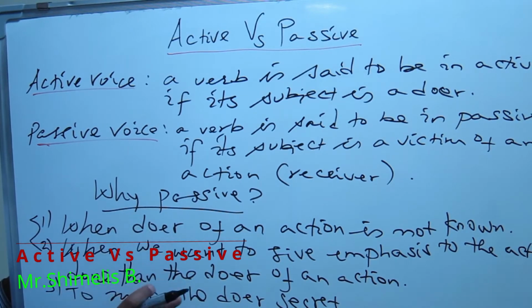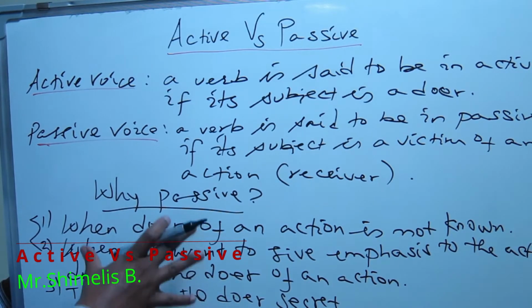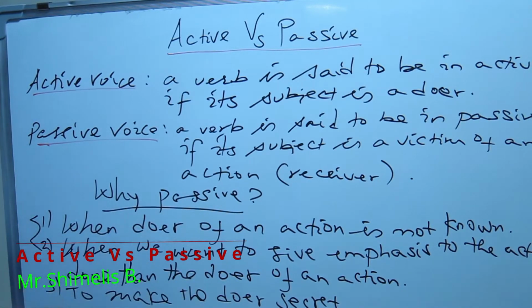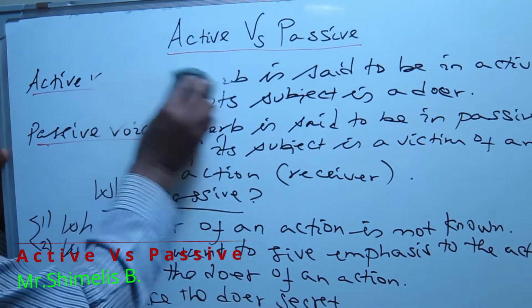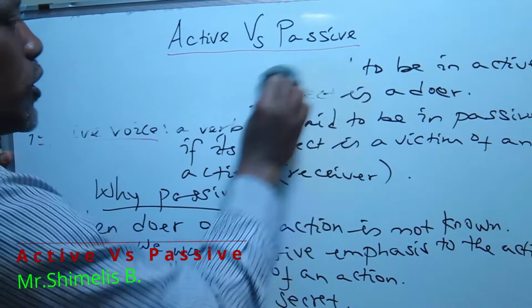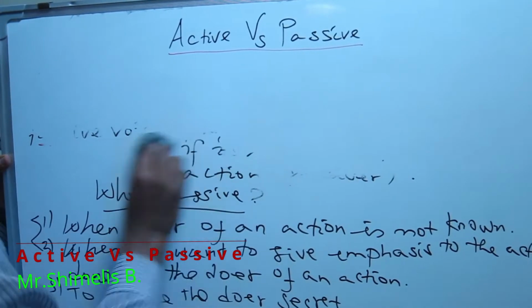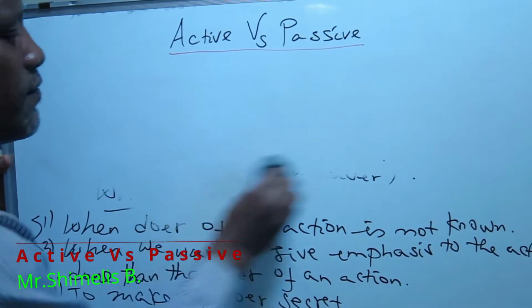Now, these are the cases which force us to use only passive. The next point would be what kind of verbs have a passive form. Do all verbs have a passive form? That's our question. It is not all verbs that have a passive form, but only a certain group of verbs.